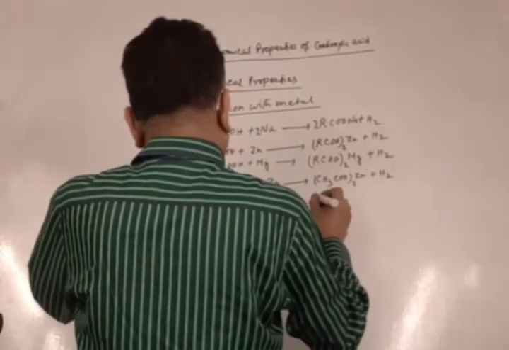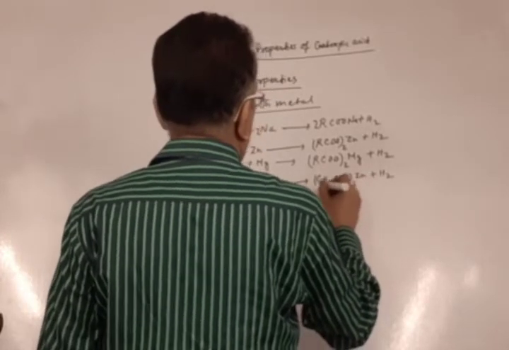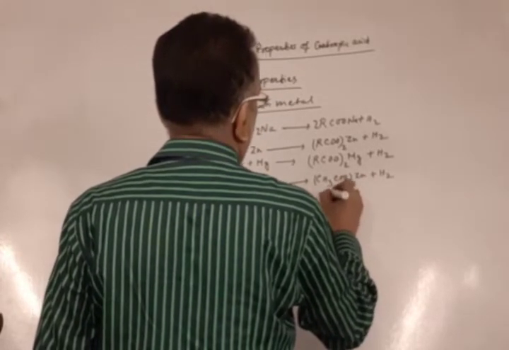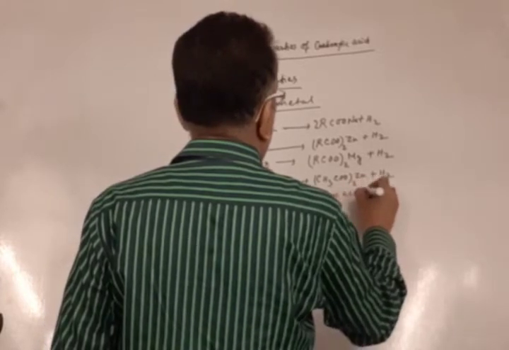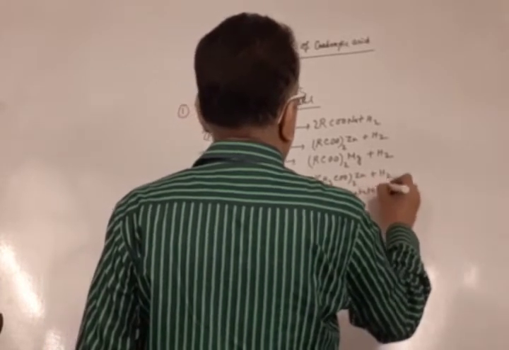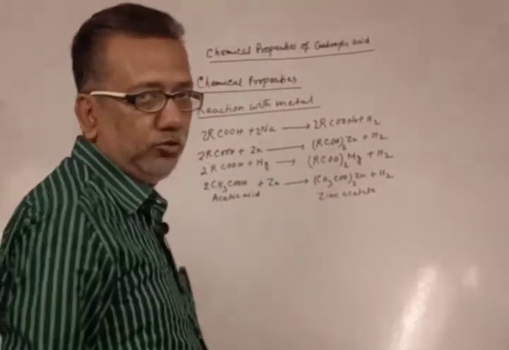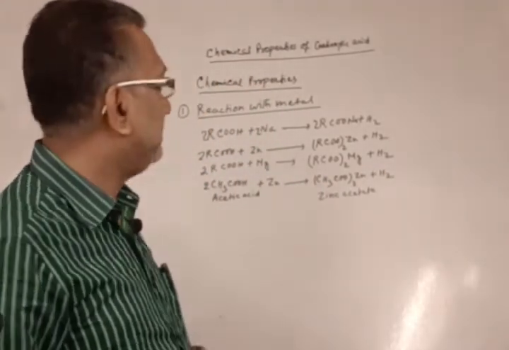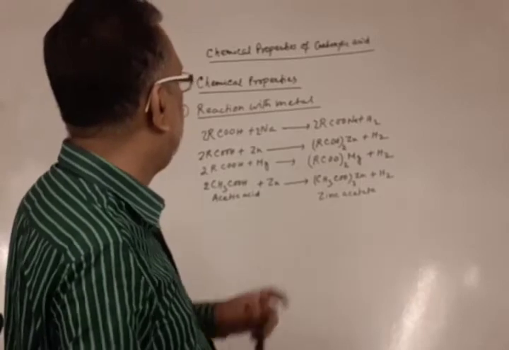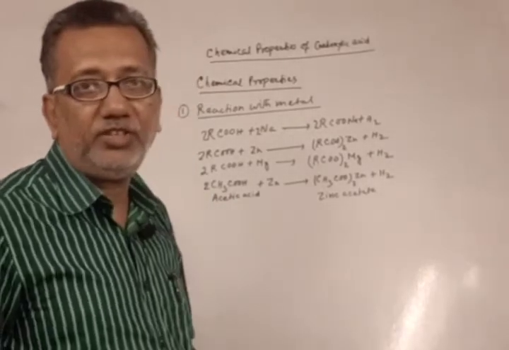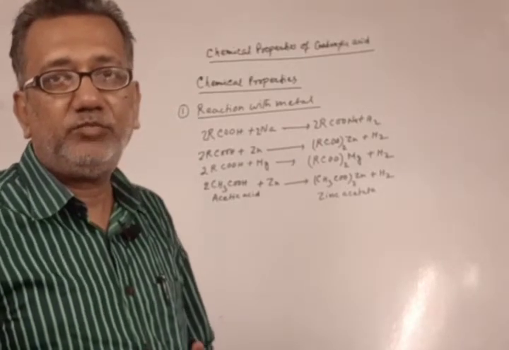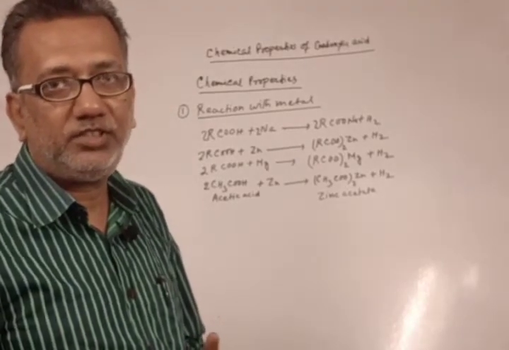This is zinc acetate, plus hydrogen. In this way, other metal acetates are also formed. If it is sodium, then we will get sodium acetate. If it is magnesium, then we will get magnesium acetate.